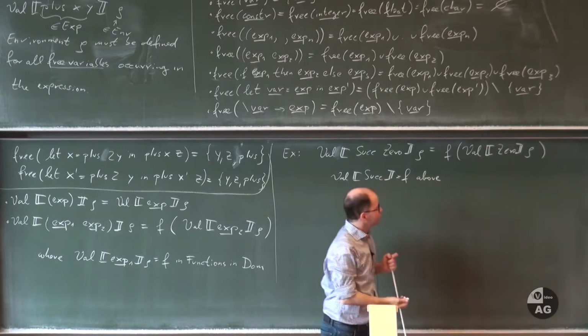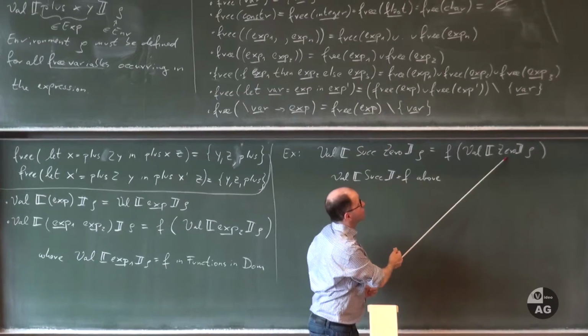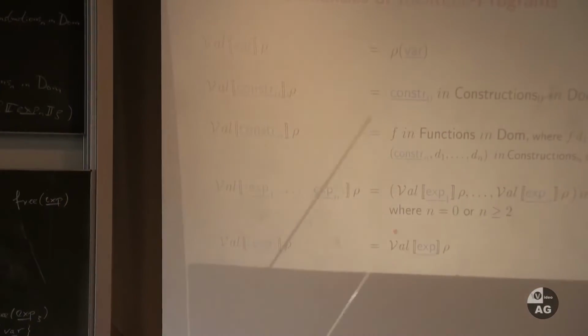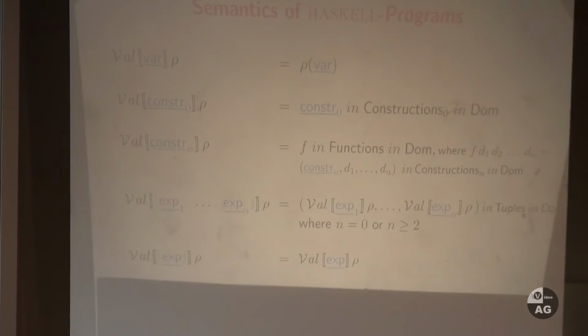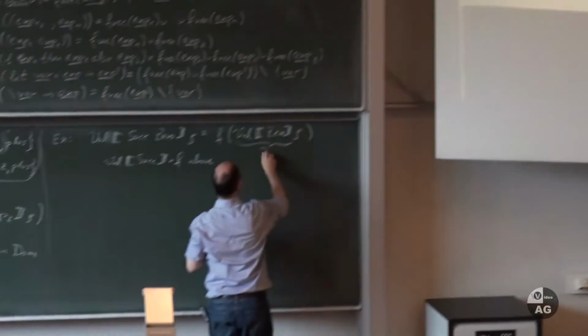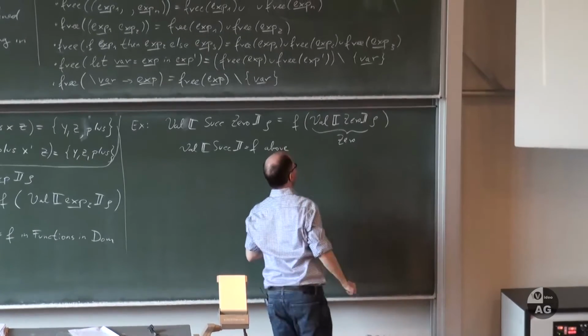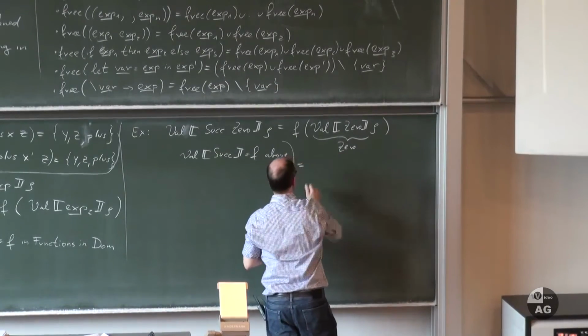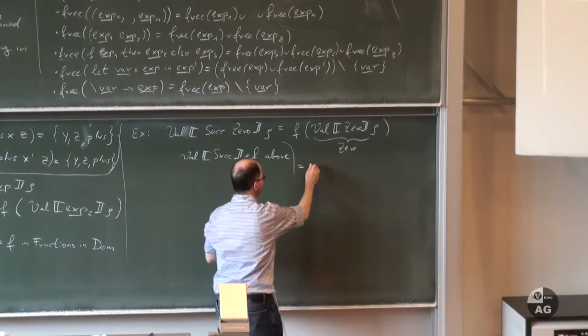And what is the semantics of 0? Well, 0 is a constructor of arity 0, so the semantics of 0 is just 0 itself. And therefore, what is the result here? It's f applied to 0.